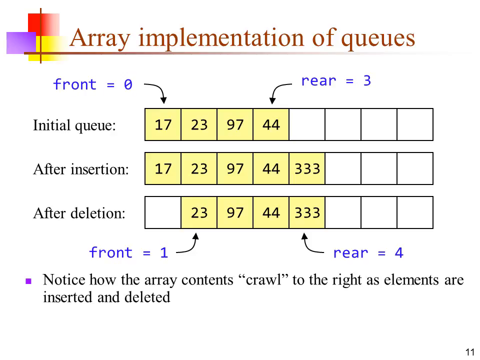Right now, one more insertion and deletion I am discussing here. Initially, if you observe the queue data structure, it is with 4 elements, 17, 23, 97, 44, where the value of front is set to 0 and the value of rear is set to 3. Now again in this situation, if you perform an insertion, rear will point to index number 4, and the value that I am reading is 333.